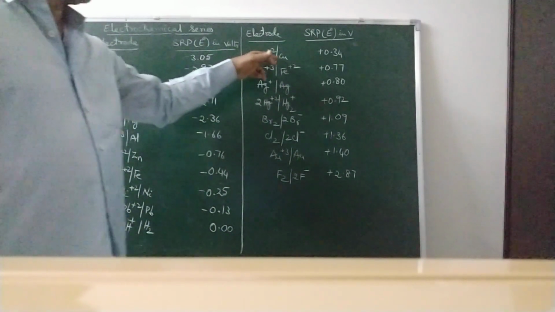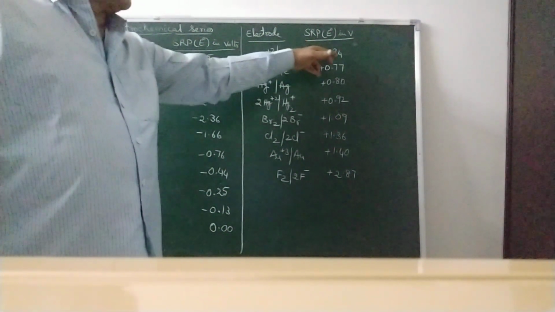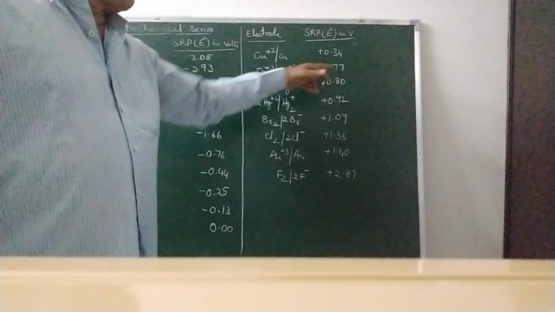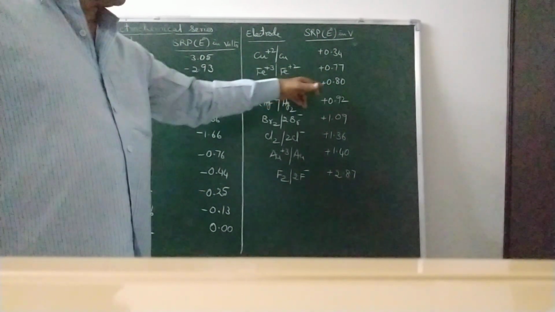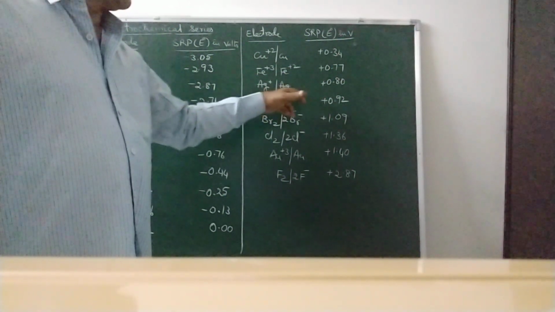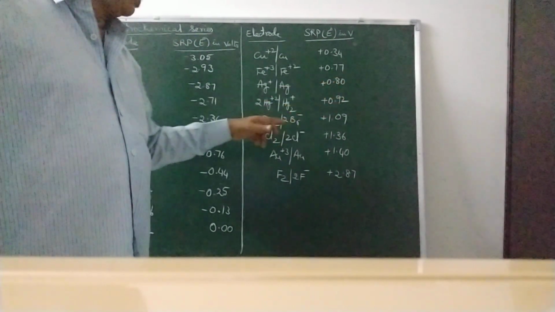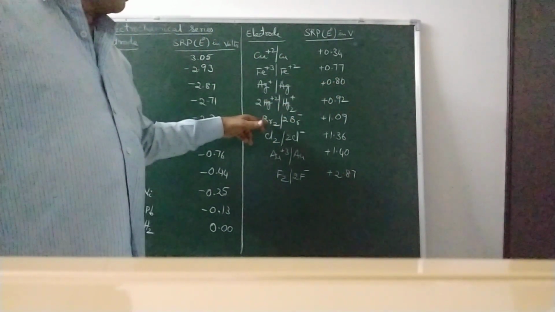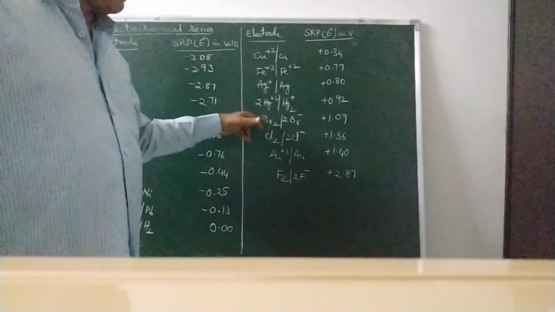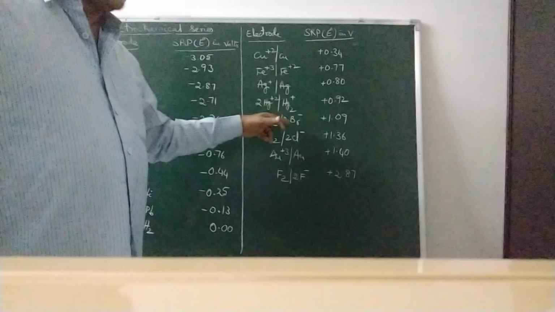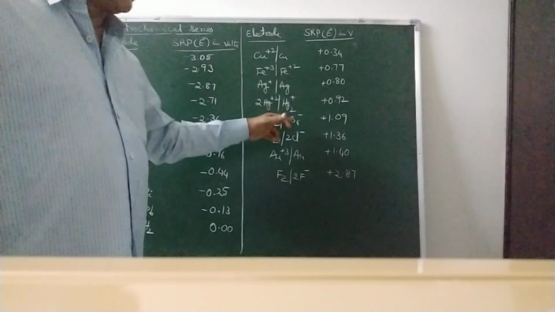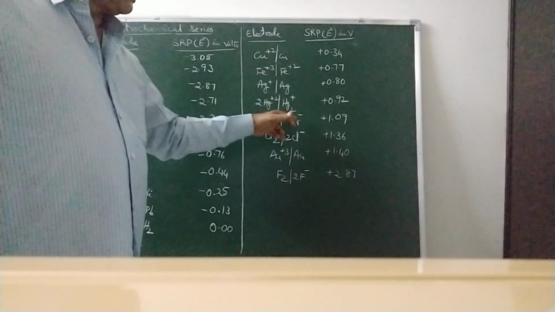And for Cu2+|Cu plus 0.34 volts, Fe3+|Fe2+ plus 0.77 volts, Ag+|Ag plus 0.80 volts, Hg2+|Hg plus 0.92 volts, Br2. Here we are taking a non-metallic electrode. For non-metallic electrodes, anions are formed when electrons are added, so on the right side we write anions.